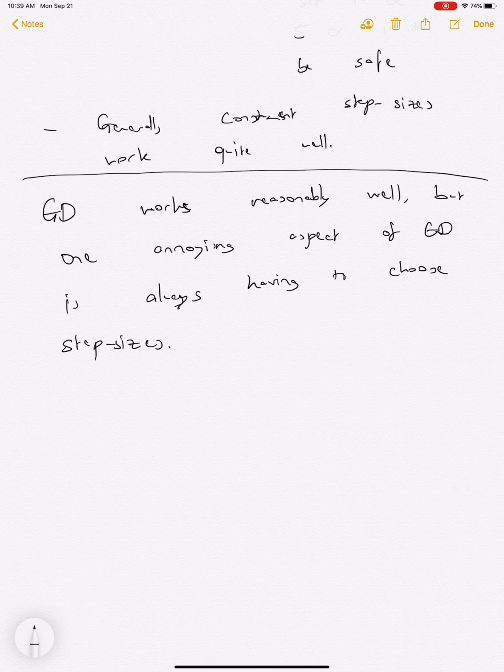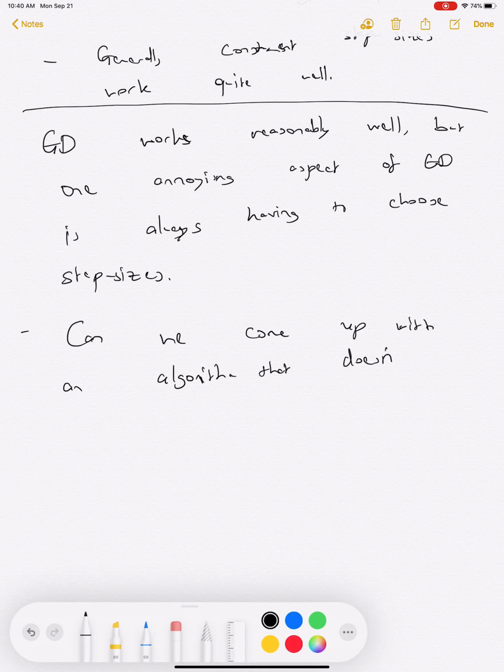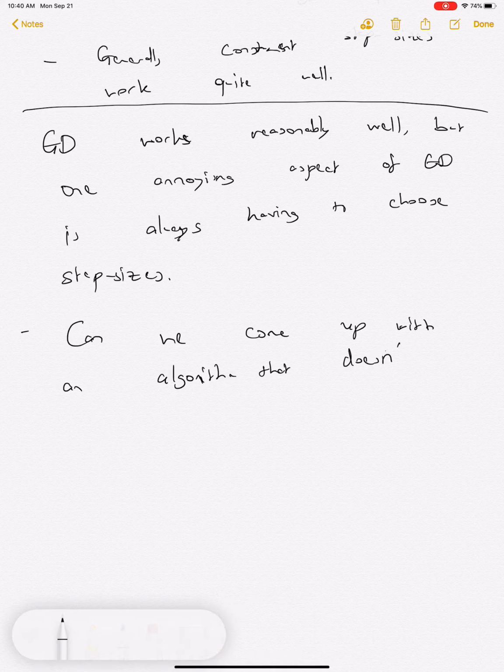And so the question is, can we come up with an algorithm that doesn't involve such choices?